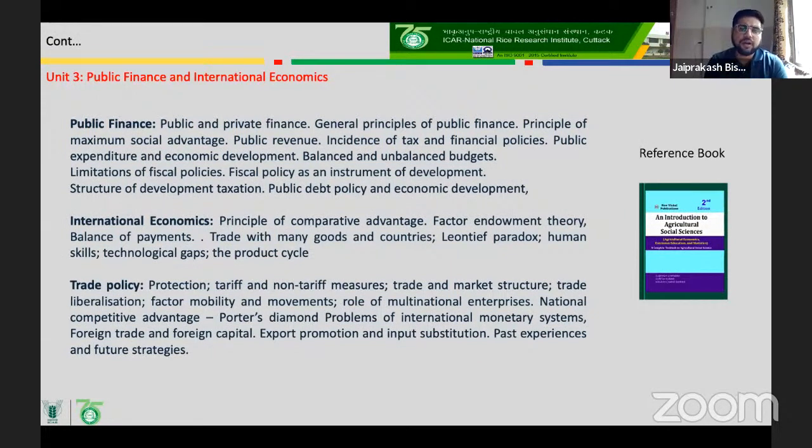Okay. So in international economics, there are some important topics like factor endowment theory, balance of payment, Leontief paradox, the product cycle, principle of comparative advantage. These things are important, and many times questions directly appear from these topics. And the thing is that in this book, these topics are covered so crisply that even if it comes for 50 words or 5 marks, 100 words or 5 marks, you can write it.